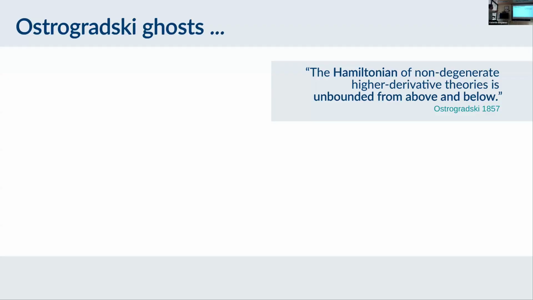The usual way of understanding these ghosts is that if you put a Lagrangian and that Lagrangian has higher derivatives, and you find the equivalent Hamiltonian with the prescription that Ostrogradsky gave more than 150 years ago, then you find a Hamiltonian which is unbounded from above, as usual, and unbounded from below, which is typically understood to cause an instability. It doesn't need to, but it can. And that's what the instability is typically understood by.